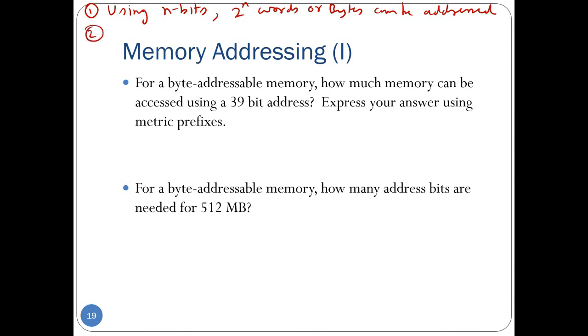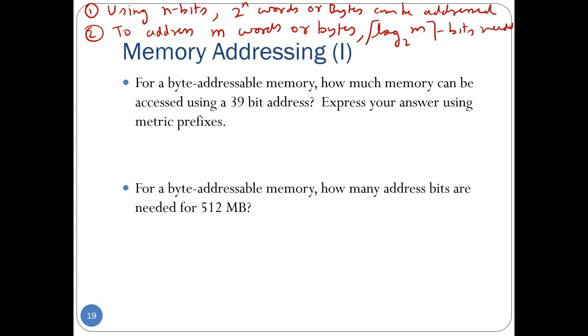And the second rule is, to address m words or bytes, we need the ceiling of log to base 2 of m bits. Okay, so we'll be using these two results to solve all these memory addressing problems, right?